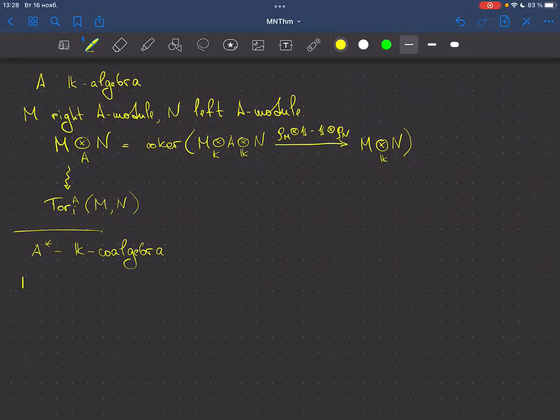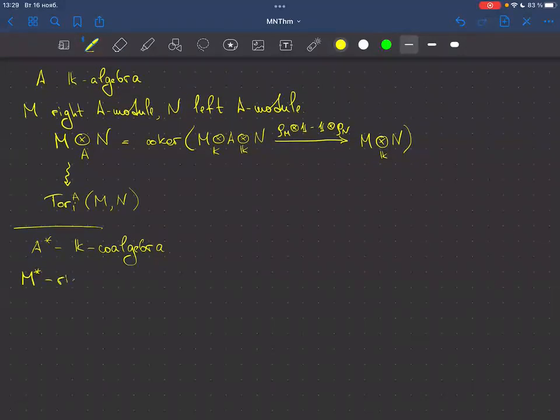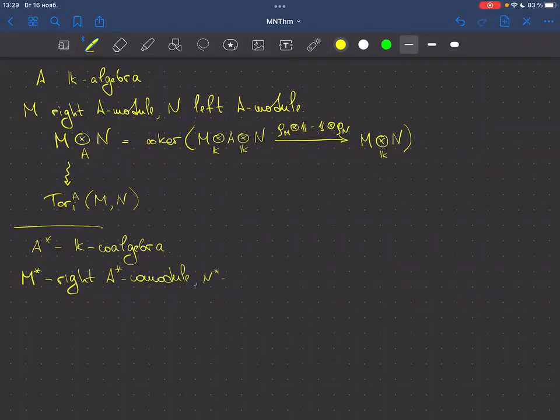And suppose we have M star and N star, right and left comodules.